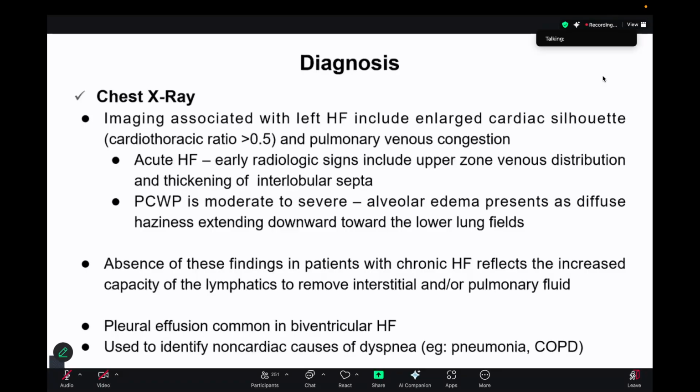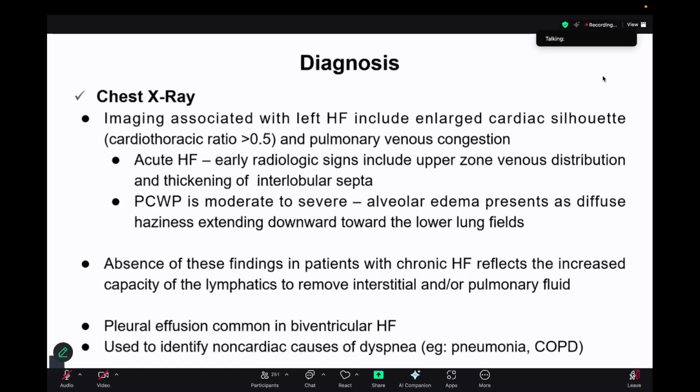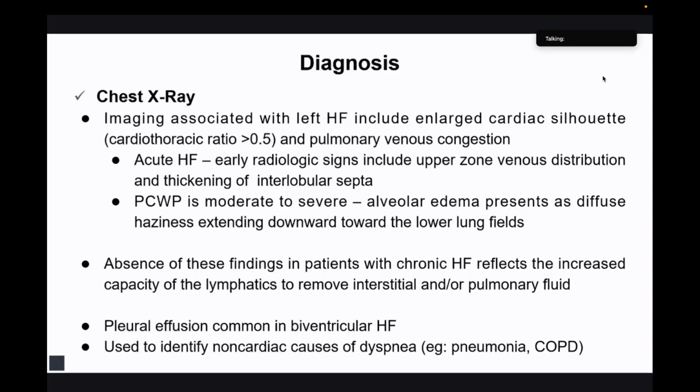In acute heart failure, early radiologic signs include upper zone venous distribution and thickening of the interlobular septa. If the pulmonary capillary wedge pressure is moderate to severe, alveolar edema is present as diffuse haziness that extends downwards towards the lower lung fields.